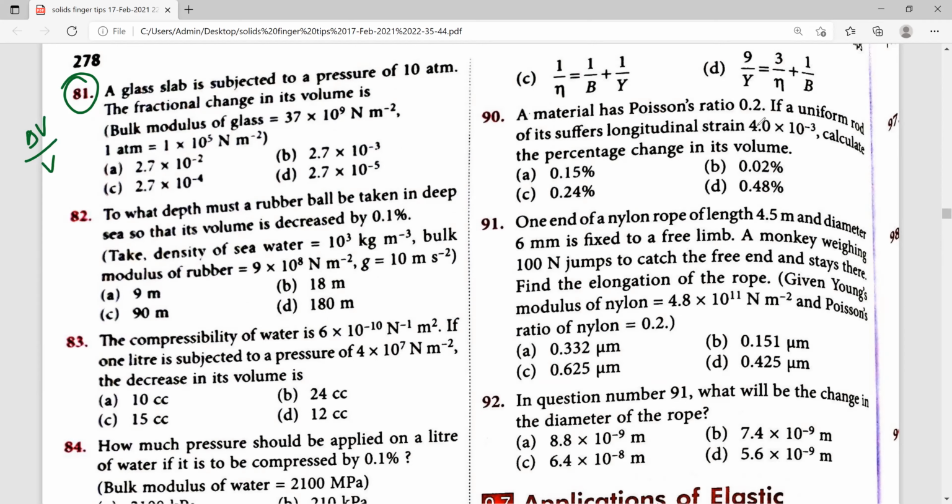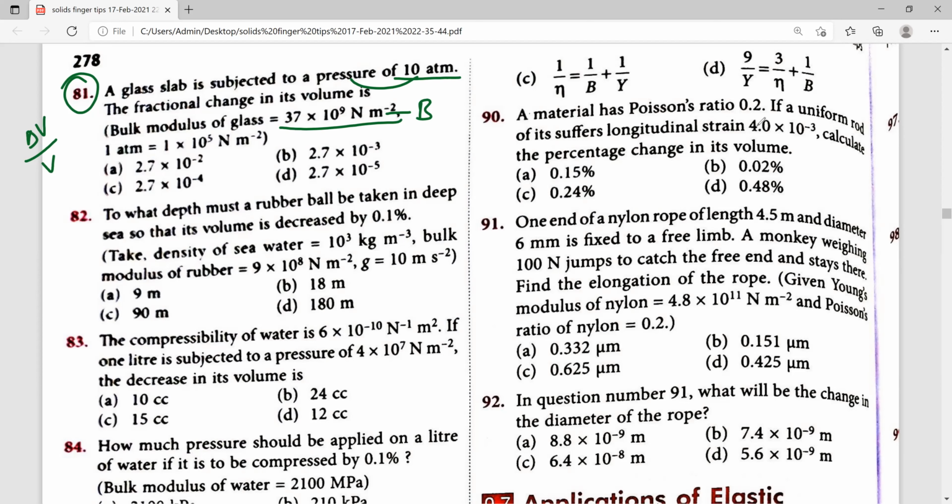Here the P value is 10 atmospheres, which you can convert into Newton per meter square. The bulk modulus value given is 37 into 10 to the power of 9.